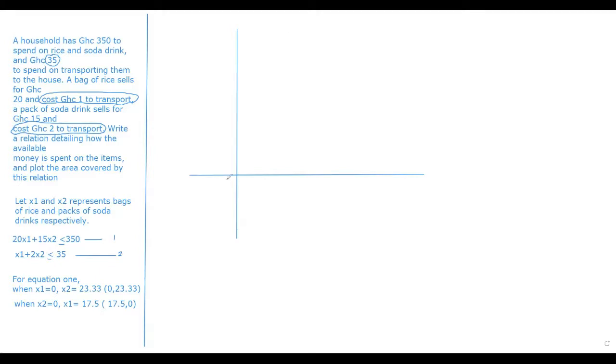So this is 0. This one becomes your X1. In SHS you just write Y axis, X axis, but they are saying you use S1 and S2. So let me do it. I don't know if I should use 10 or 5. 10, 15, 20, 25.